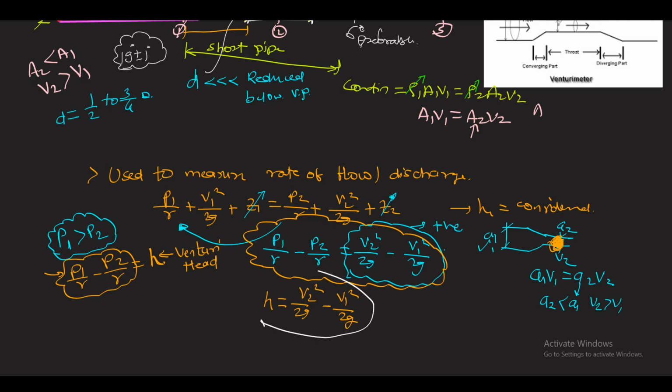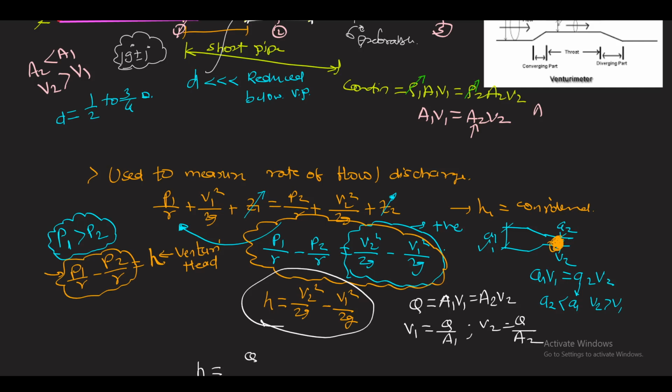Now by the continuity equation, I can say that Q is equals to area into velocity, correct? So I can write that A1 V1 is equals to A2 V2. So if I put these values of the velocity in this equation, V1 is equals to Q upon A1, correct? And V2 is equals to Q upon A2, correct? If I put these values in that equation, what is the value of V2?